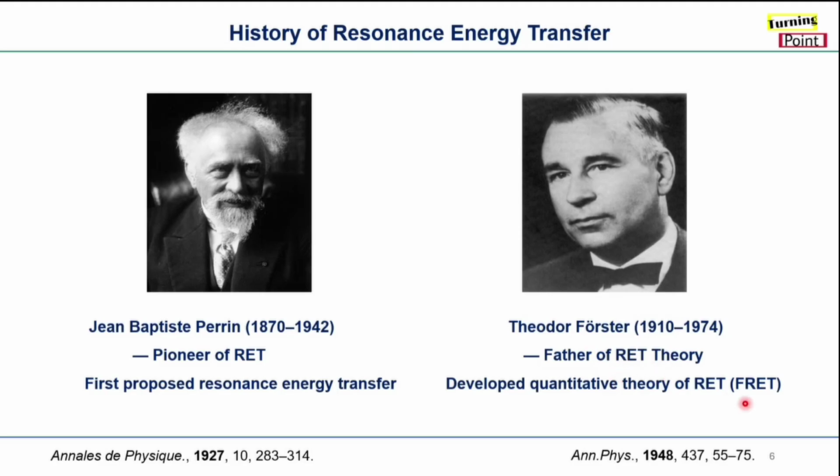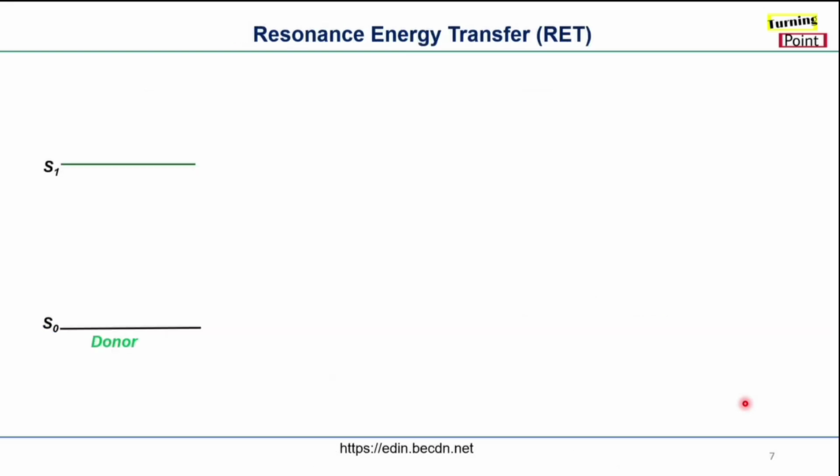Now let us understand how the resonance energy transfer mechanism actually works. Initially the donor molecule is in its ground state. When it absorbs light energy, it gets excited from the ground state S0 to the excited state S1. After excitation, the donor undergoes vibrational relaxation and comes to the lowest energy level of the excited state.